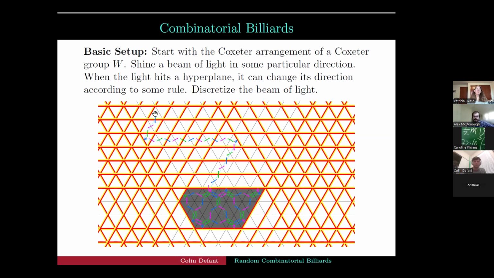You can think that the beam of light starts in this triangle, and then it moves to this triangle, and then this triangle, and then this triangle. When it reflects, it stays in this triangle for a second, and then it moves to this triangle, and then this triangle, and this triangle, and so on. So really, you could think about the trajectory of the beam of light as just a sequence of triangles. That's how we could think about it combinatorially.